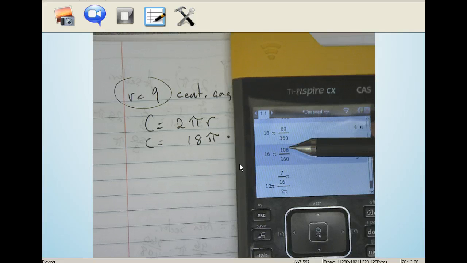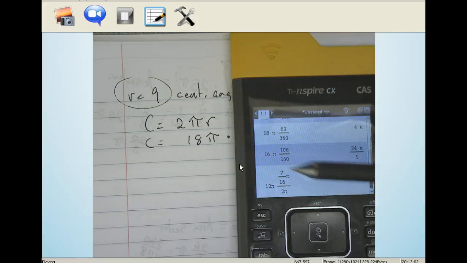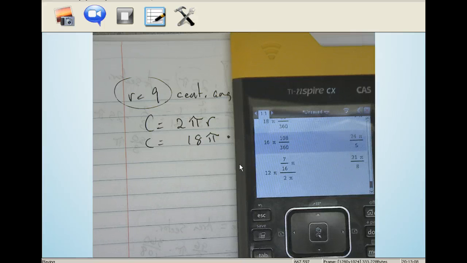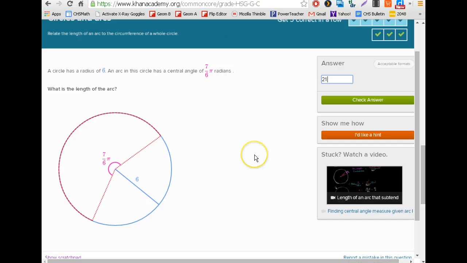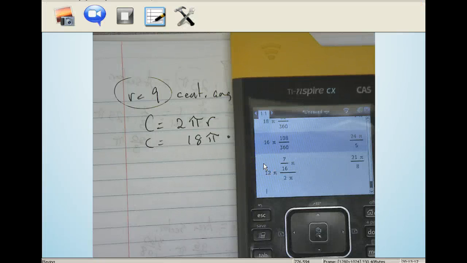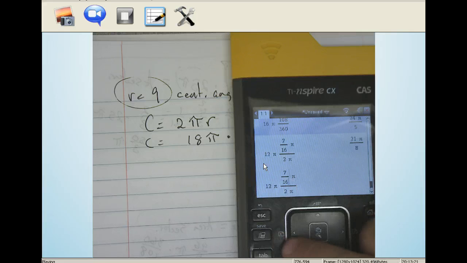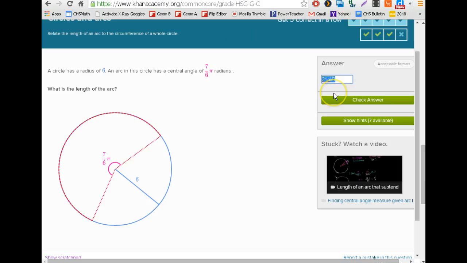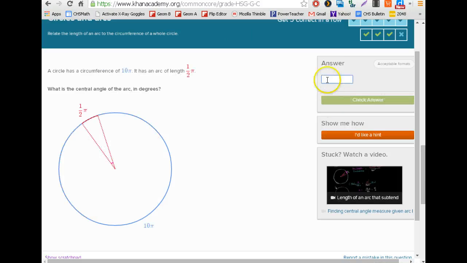So instead of using degrees, I'm putting in the radian measure they gave me, dividing by the number of radians in a circle. Oh, what did I do wrong? It wasn't 7/16, it was 7/6. I made that mistake. And I get 7 pi. Sorry, guys.